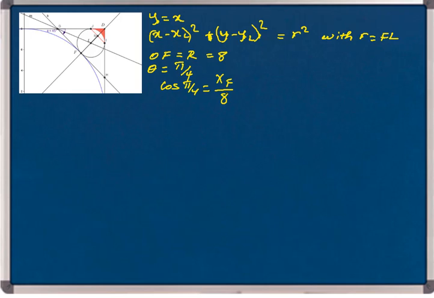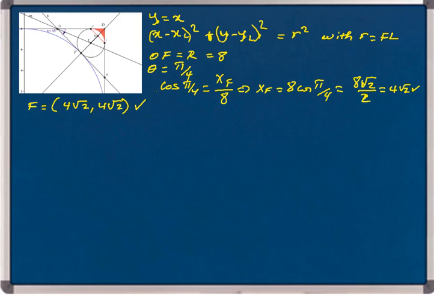That means xf is equal to 8 cosine pi over 4, which is 8 square root of 2 over 2, equal to 4 square root of 2. Being 45 degrees, we know that x is y, so point F has coordinates (4 square root of 2, 4 square root of 2). So that is one answer we have here.